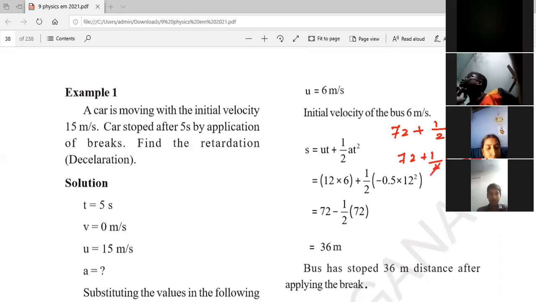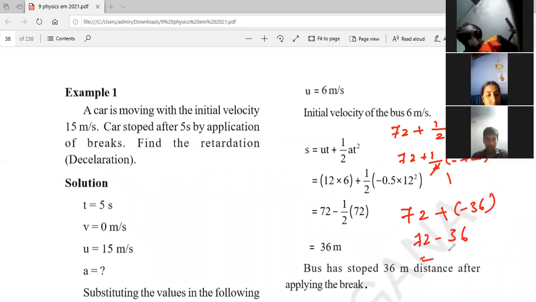So 72 minus 36 gives 36 meters. So the bus stopped 36 meters distance after applying the brakes. So even after the brakes were applied, the bus traveled 36 meters and then stopped.